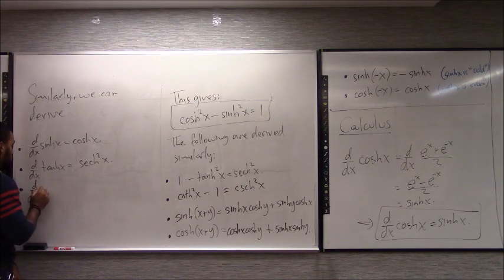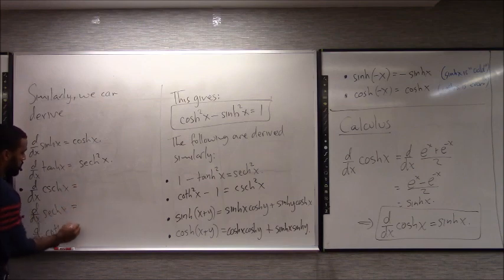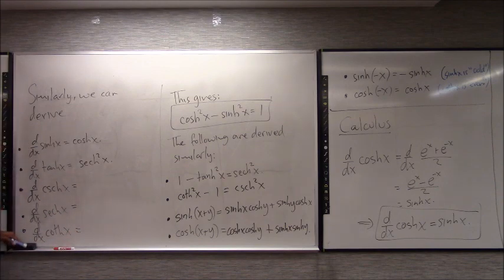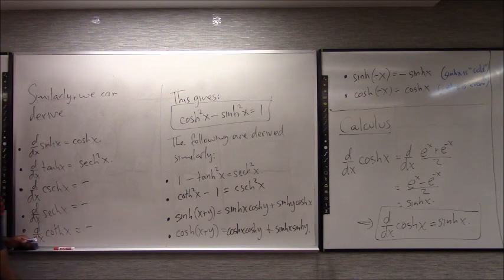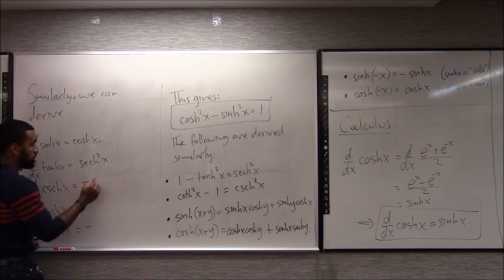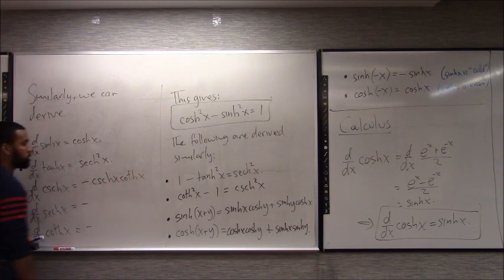The other ones, so if we have the cosecant, the secant, and the cotangent hyperbolic, they look very similar to trig functions, but all the reciprocal hyperbolic trig functions carry a negative sign with them. And so the derivative of cosecant is cosecant cotangent, and this behaves similarly with the hyperbolic version.